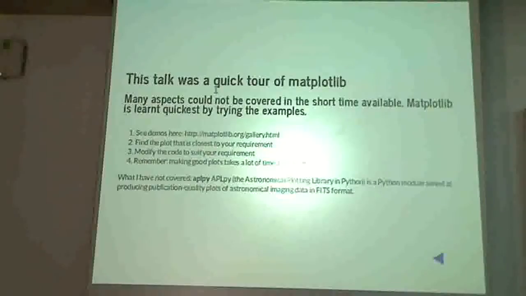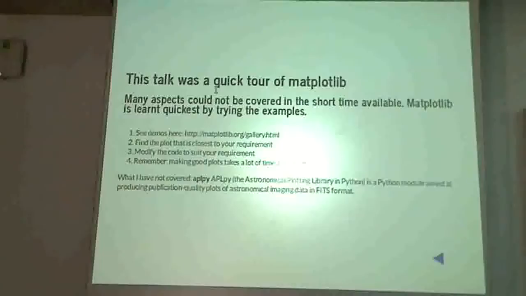So that capability APLPy provides with the use of very simple functions. If you need to show some astronomical data and need a system that understands world coordinate systems very well and plots them correctly, then you should definitely look at APLPy. APLPy also has some modules by which you can very simply download data from some archives and create images, even color images.